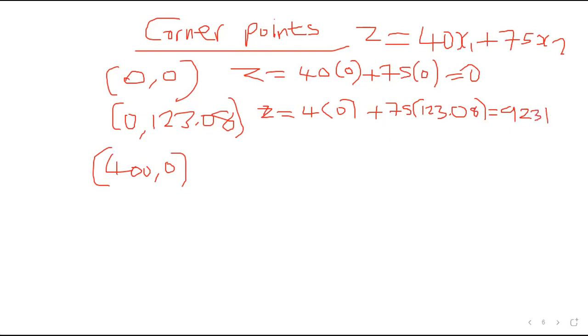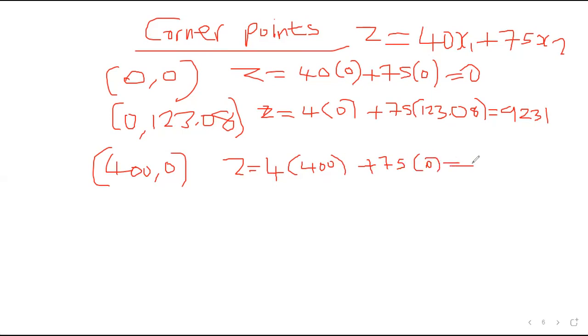Then here we are getting the other one. Z is equal to 4 on 400 plus 75 on 0.